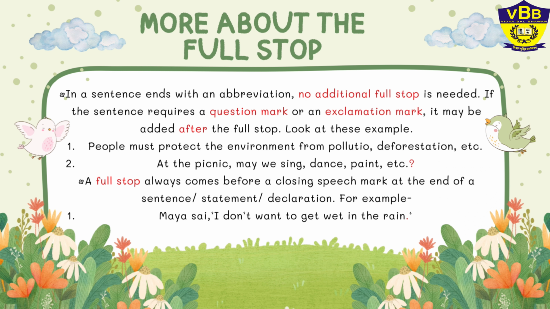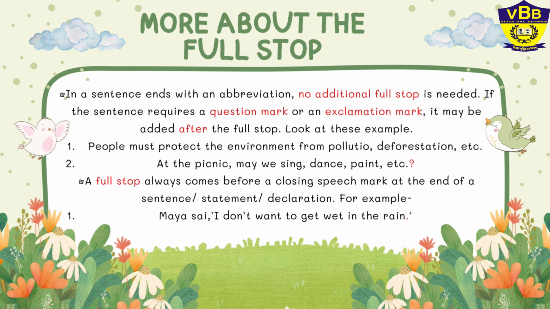Another thing, if an abbreviation is ending and you have to put a question mark after it, you put a full stop after the abbreviation and then the question mark. Look at the examples first.